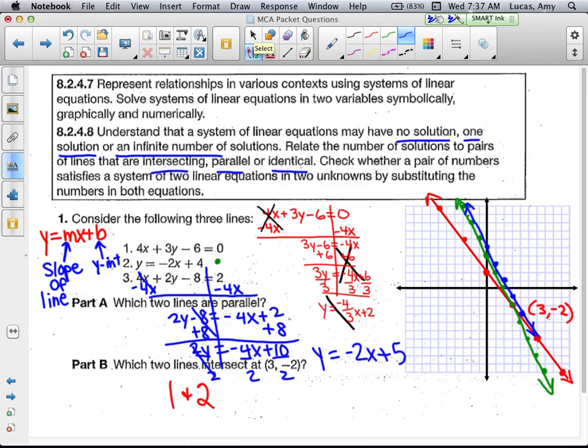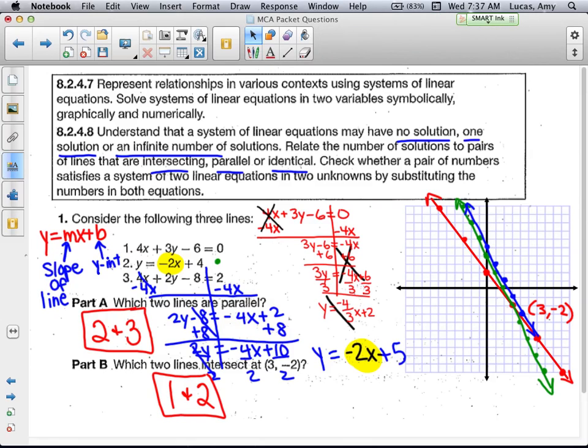So this line has a slope of -2 right here, and so does this line. So that makes them parallel. So my lines that are parallel for part A are going to be lines 2 and 3. So 2 and 3 are parallel, and 1 and 2 intersect at the point (3, -2).